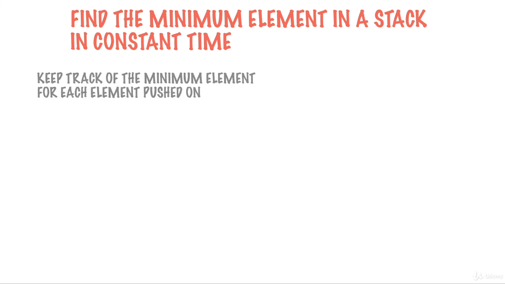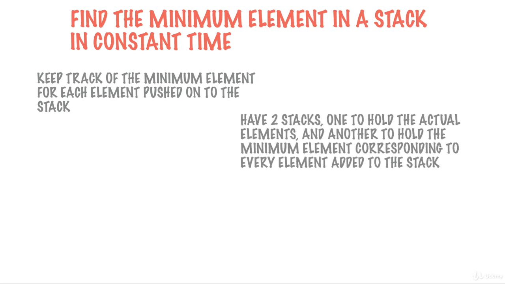What we'll do is we'll keep track of the minimum element for each element we push onto the stack. Basically, each time you do a push onto the stack, we'll say at this point in time, of all elements which exist in the stack at this point in time, including the one we just pushed on, this is the minimum.